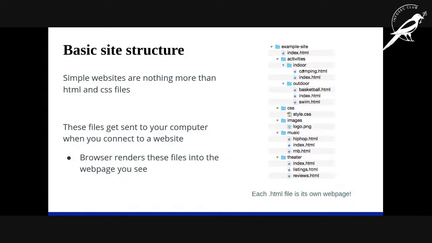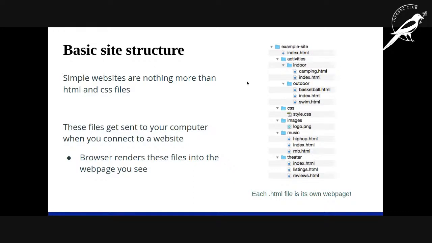What you'll notice is that for very basic sites, the way that websites and URLs are structured is very similar to how the folder structure works on your computer. So if you were to go to examplesite.com/activities/indoor/camping.html, you would then get this file here.